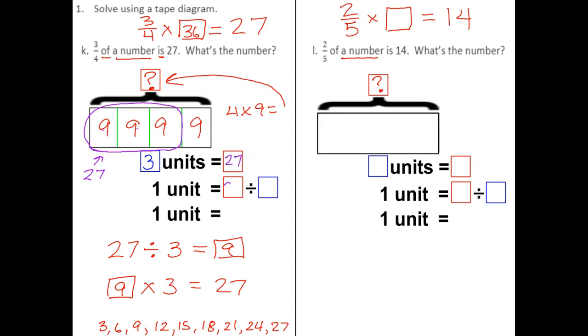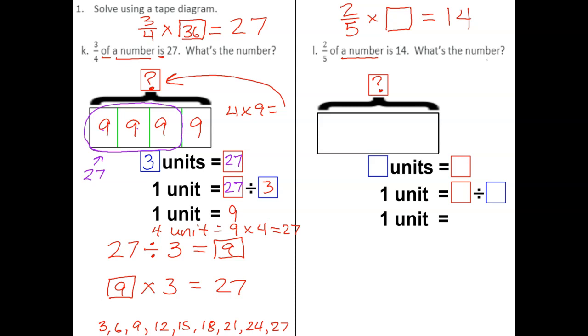So that means 1 unit was equal to 27 divided by 3. And 1 unit was equal to 9. So if 1 unit is equal to 9, then we say, well, 4 units would be equal to 9 times 4. And that's how we got our answer. Okay? Walk through this one rather quickly.